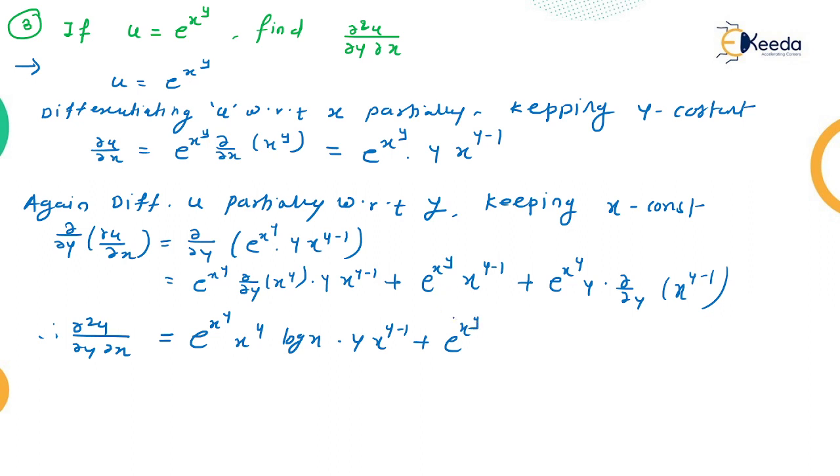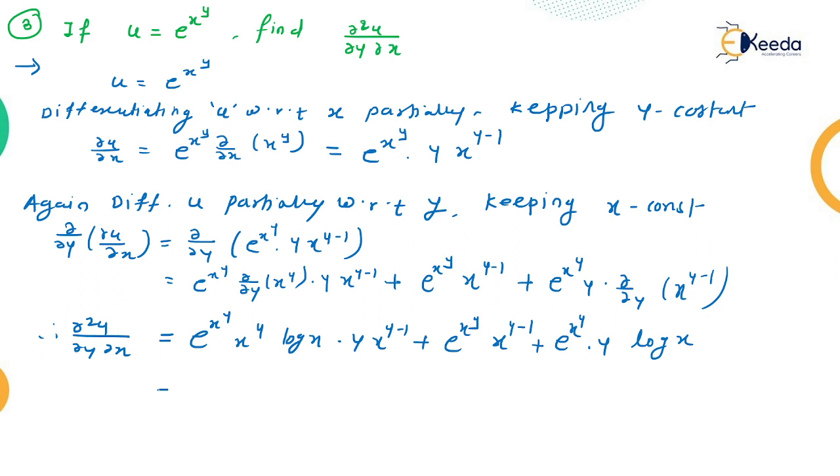What is remaining here? e to the power x raised to y, x raised to y minus 1, plus this term, x raised to y as it is, into y. But what is the differentiation of ∂ upon ∂y of x power y minus 1? That is log x. I hope you understand this. This is log x, because a raised to x differentiated is a^x log a.